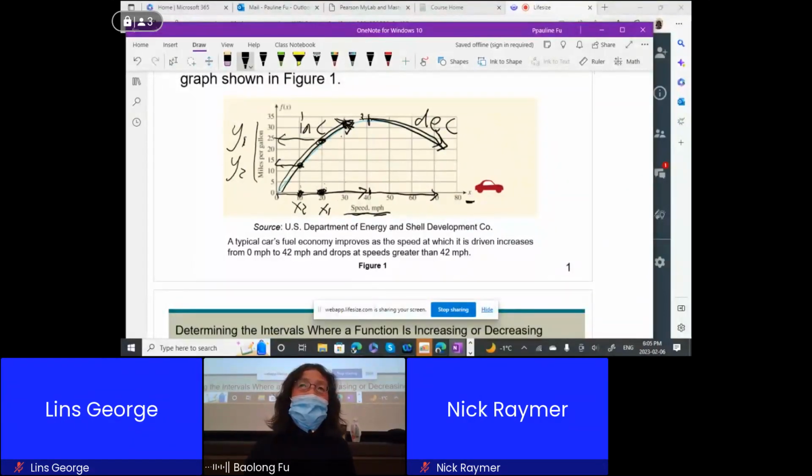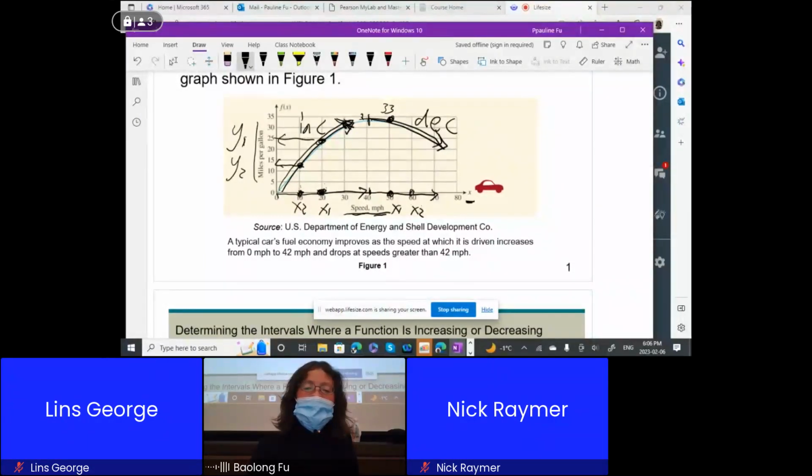And how do I know the function is decreasing? Take the example of 50 and 60. If 50 is your x1, 60 is your x2, just for example. What is y when x equals x1? The y is here, maybe 33 miles per gallon.